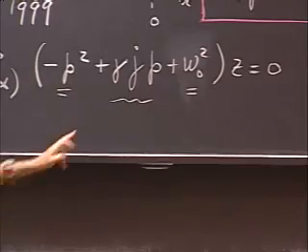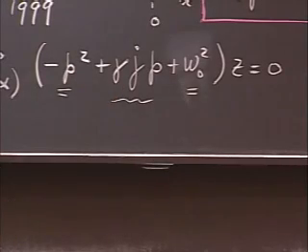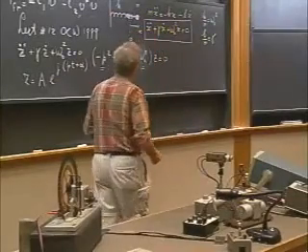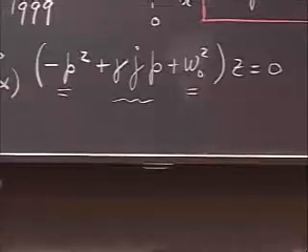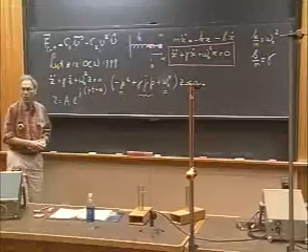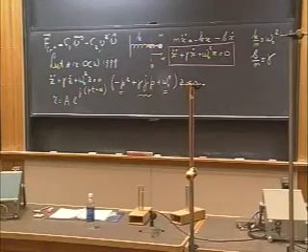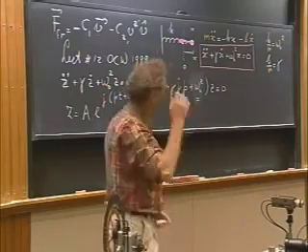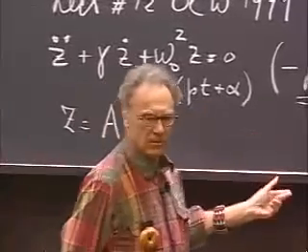Now, if you make gamma 0, you have no problem, but there is no damping, so that's ridiculous. If you make p 0, then you no longer have any oscillation going on, because that pt is going to be the oscillatory thing. So that's also unacceptable, and so this won't work.